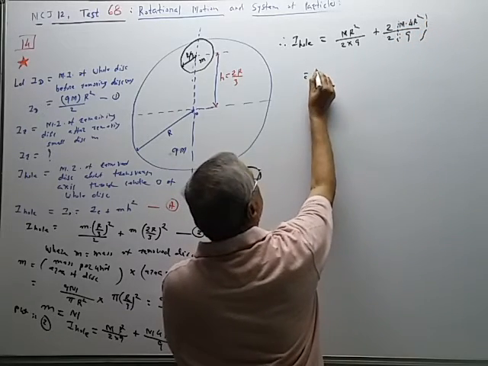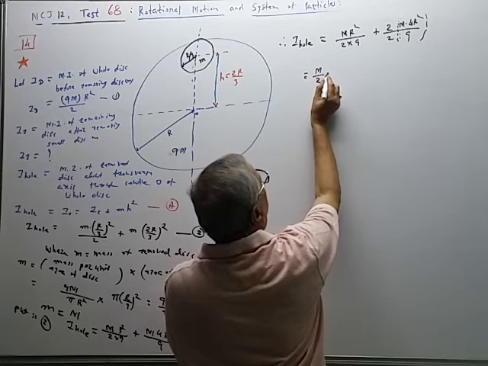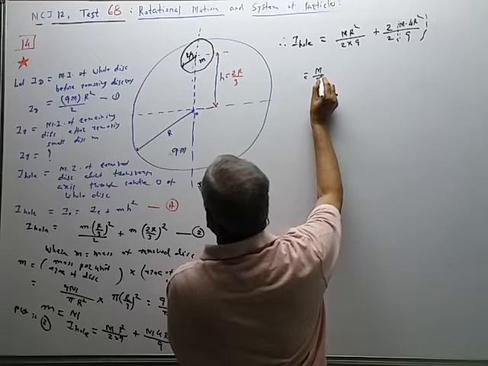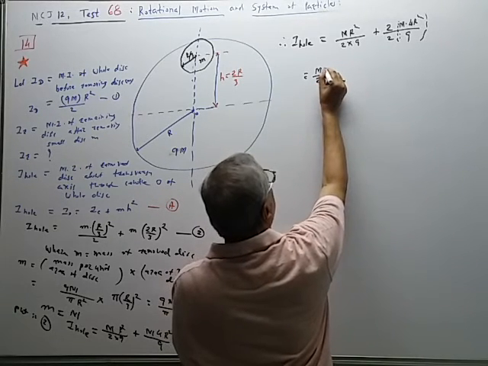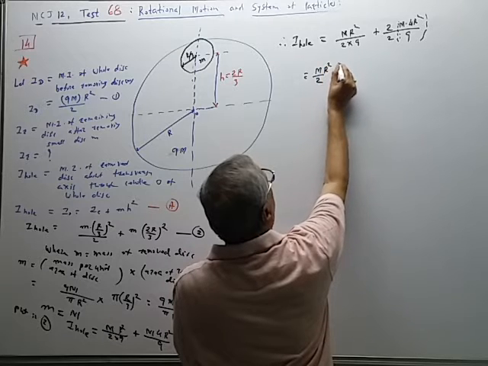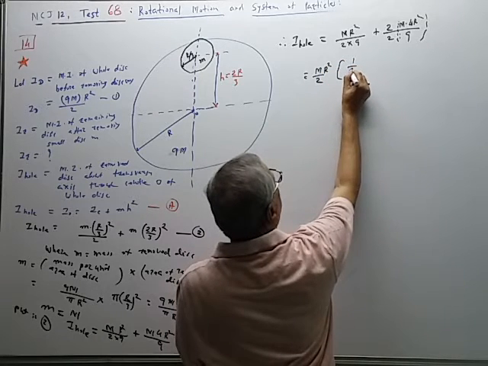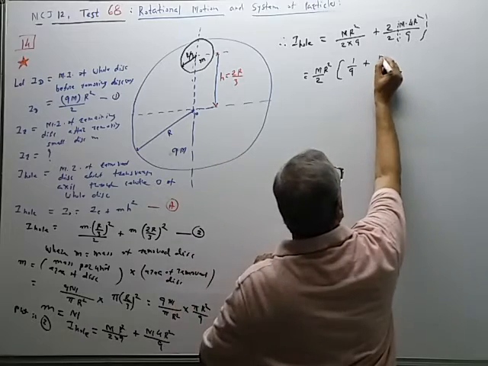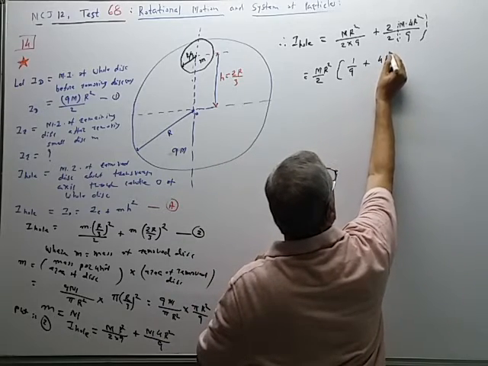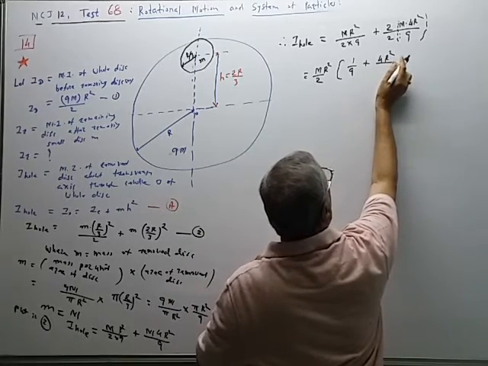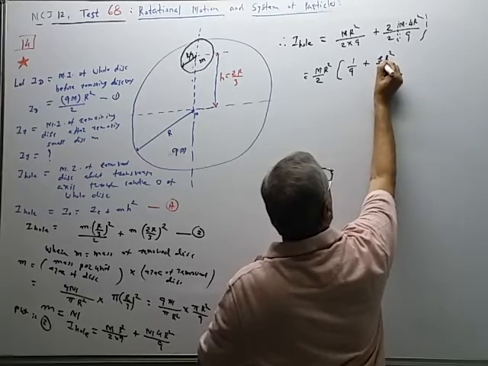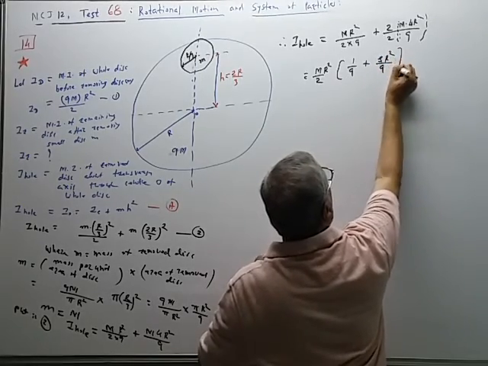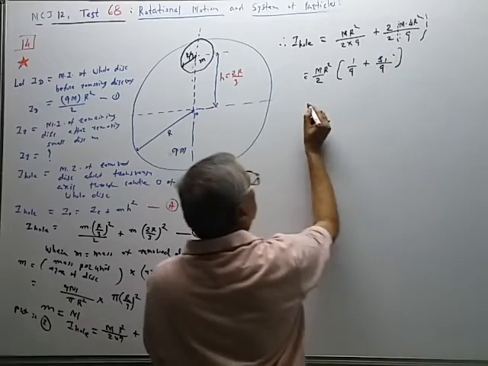So now you can take M R square by 2 common, into bracket 1 by 9 plus 8 R square, actually 8 by 9.